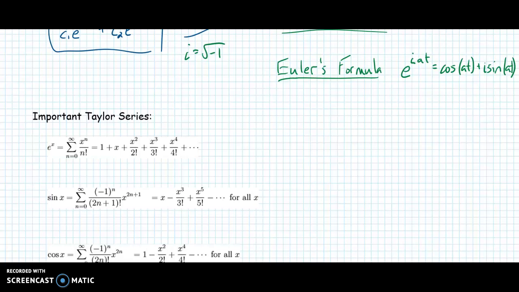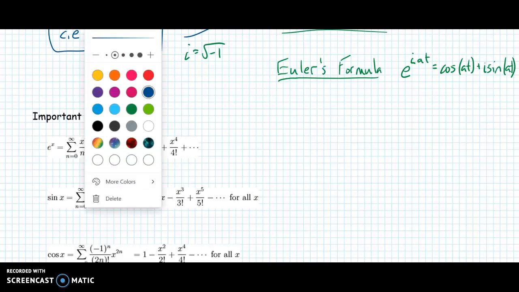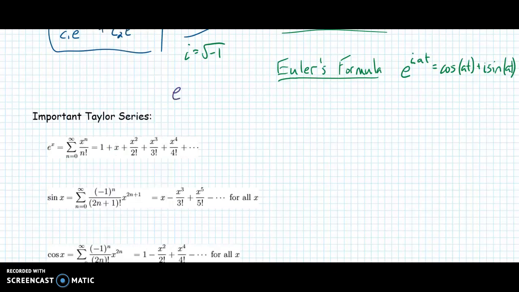So what I'm going to do is work out an easier form of this. I'm going to work out e to the it, and then I think that you should see where if we were to throw an a in there, that it would give me what we have over here.